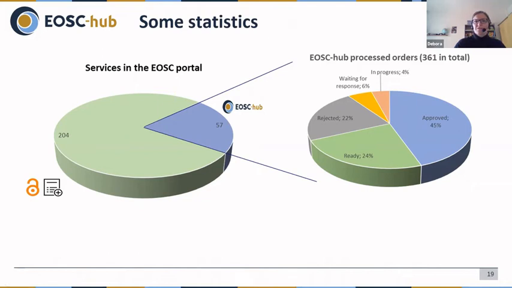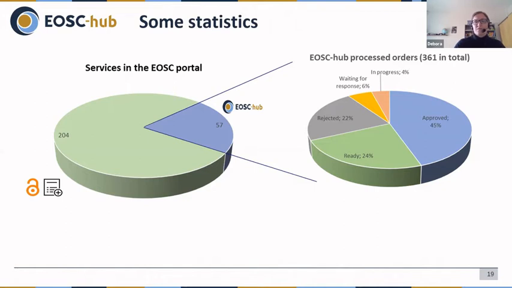This is the current, as of yesterday, status of the different orders we have received so far. You see that most of them have been approved or are ready for the user to use. We have quite some of them that are rejected.